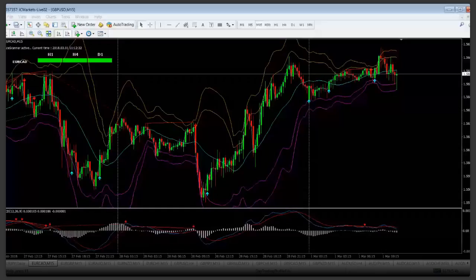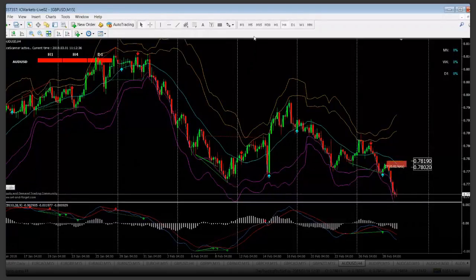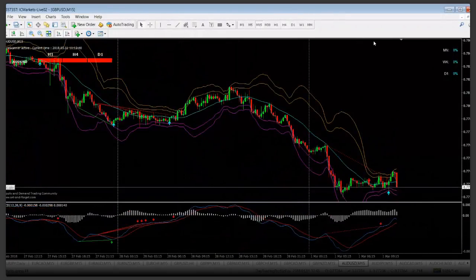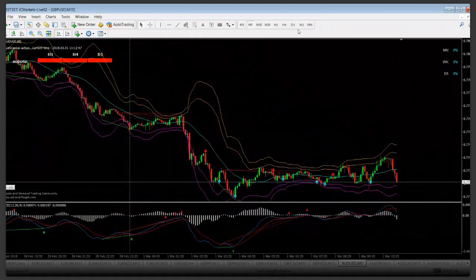Aussie USD sell signal, and we know that's weak. Talked about that a minute ago. A 30-minute chart, so it's looking good on the Aussie.